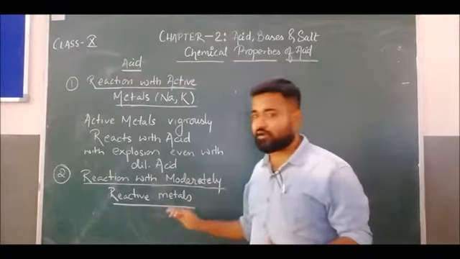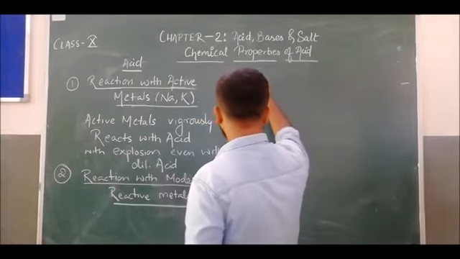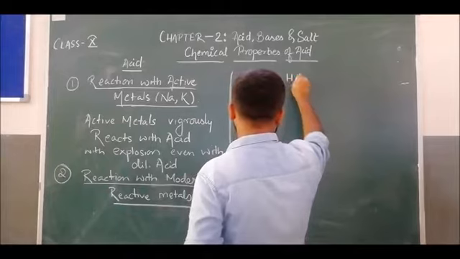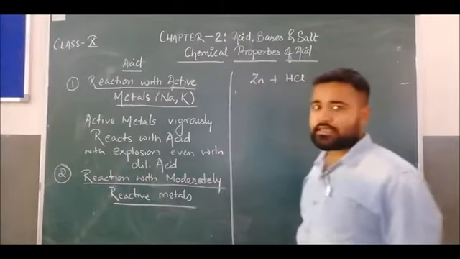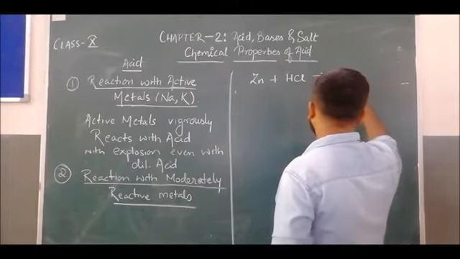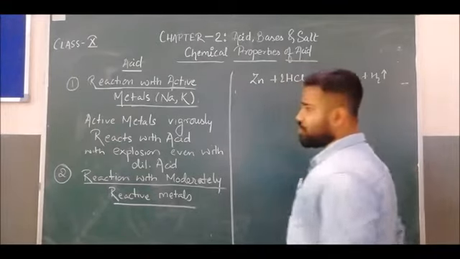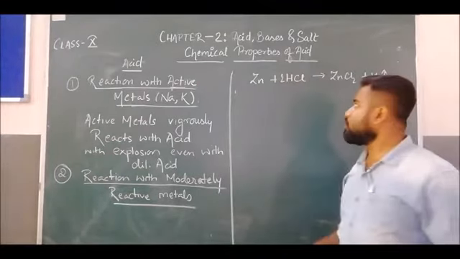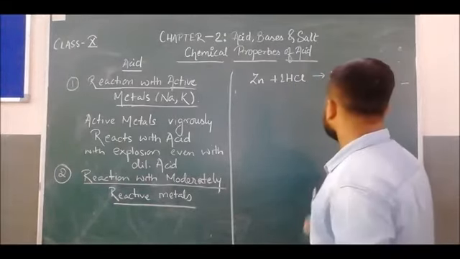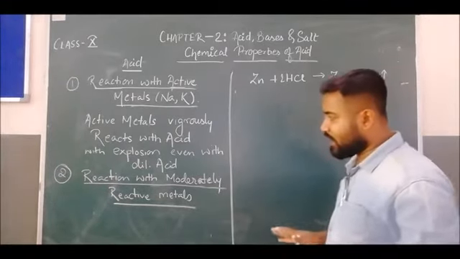So what is the reaction with moderately reactive metals? For example, zinc plus HCl. What happens? It gives ZnCl2 plus H2. So moderately reactive metals like zinc, when they react with the acid HCl, give zinc chloride plus hydrogen gas.